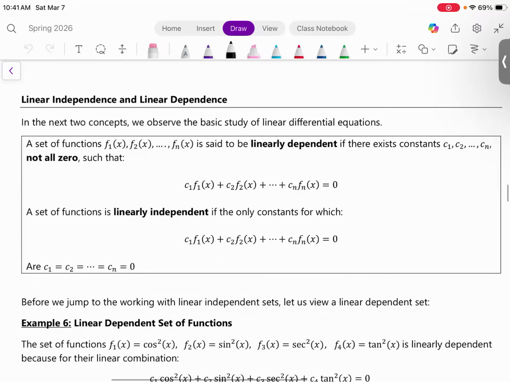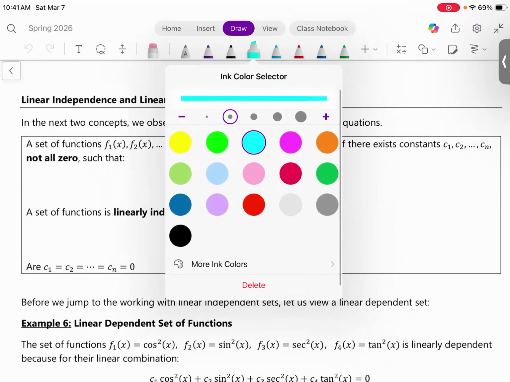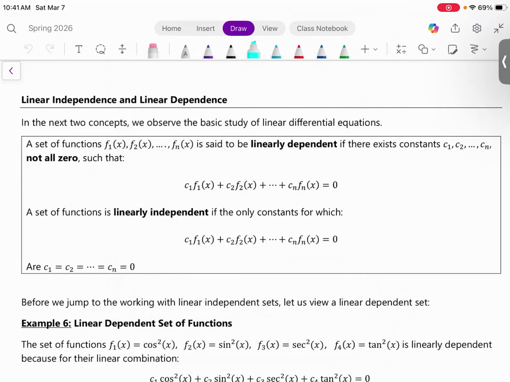In this 4.1 video, we're going to take a brief look at linear independence and linear dependence, because linearly independent solutions are key to building up our general solution and our basic idea of how solutions are formed.